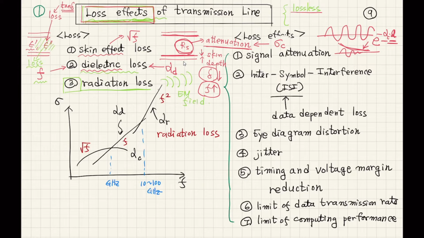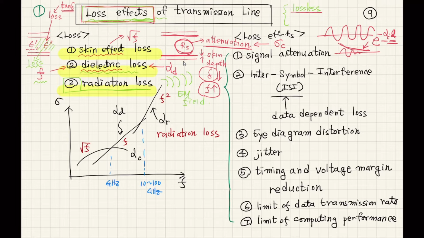In those high data rate environments, we're going to have very big considerations, and there are three important loss mechanisms. The first one is skin effect loss, the second one is dielectric loss, and the third one is radiation loss.